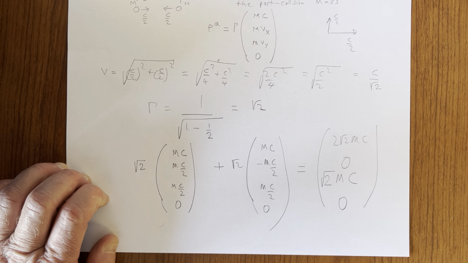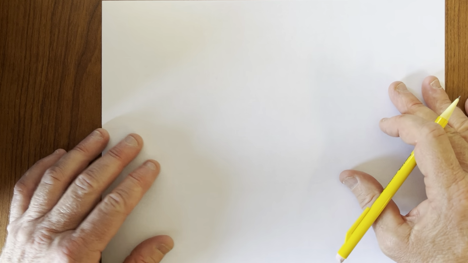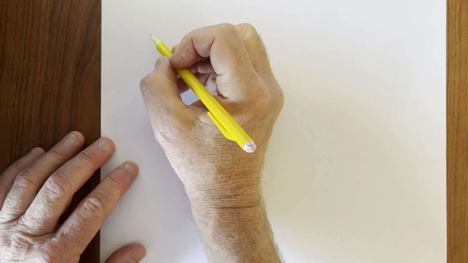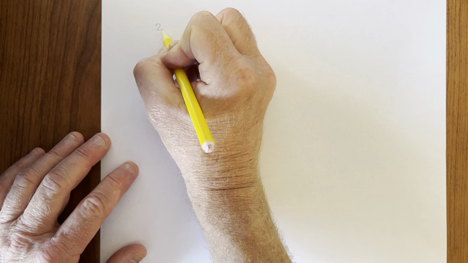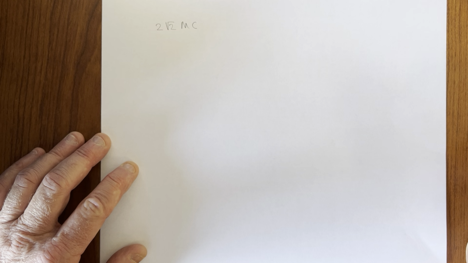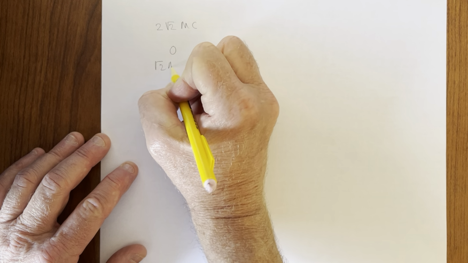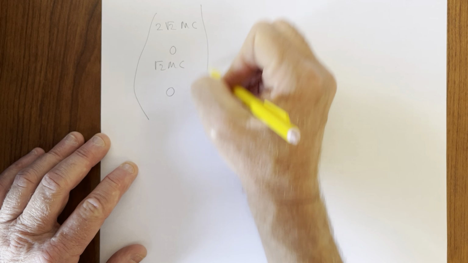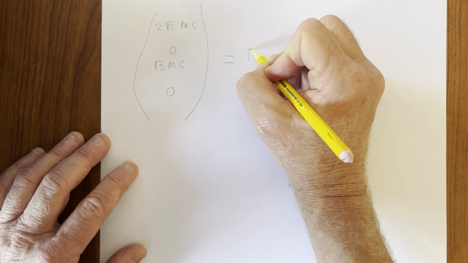And that has to equal the final, post-collision momentum. So let's just write this out again. We found that the total 4-momentum is 2 root 2 mc, 0, root 2 mc, and 0, and this has to equal some new gamma.